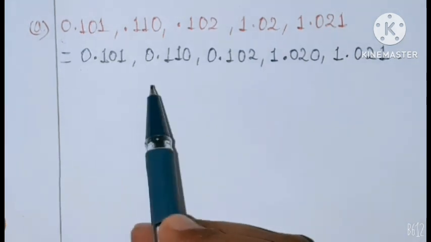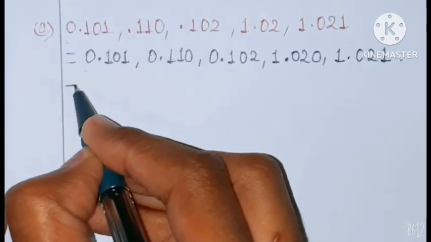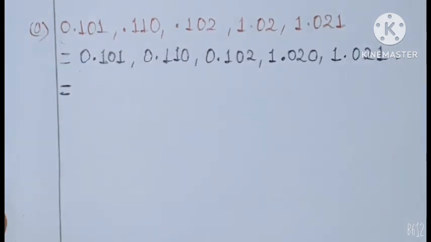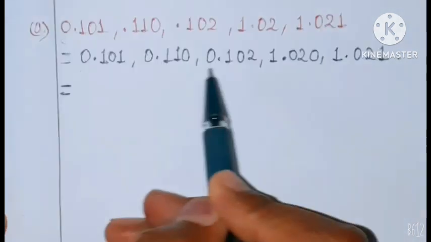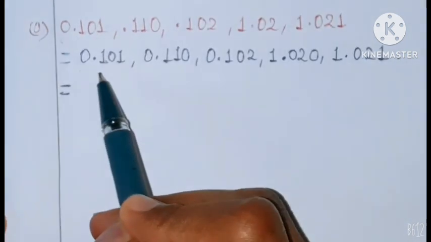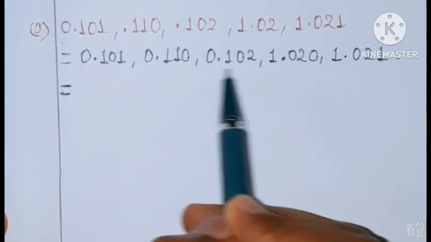Now we will arrange them in ascending order. The meaning of ascending order is that we arrange them from smaller to larger. So we will have to find which is the smallest number in all these numbers.